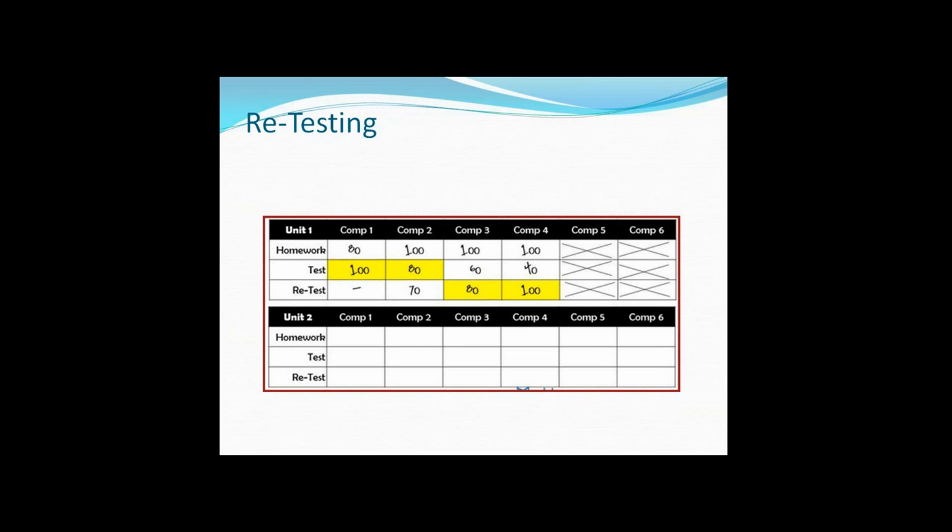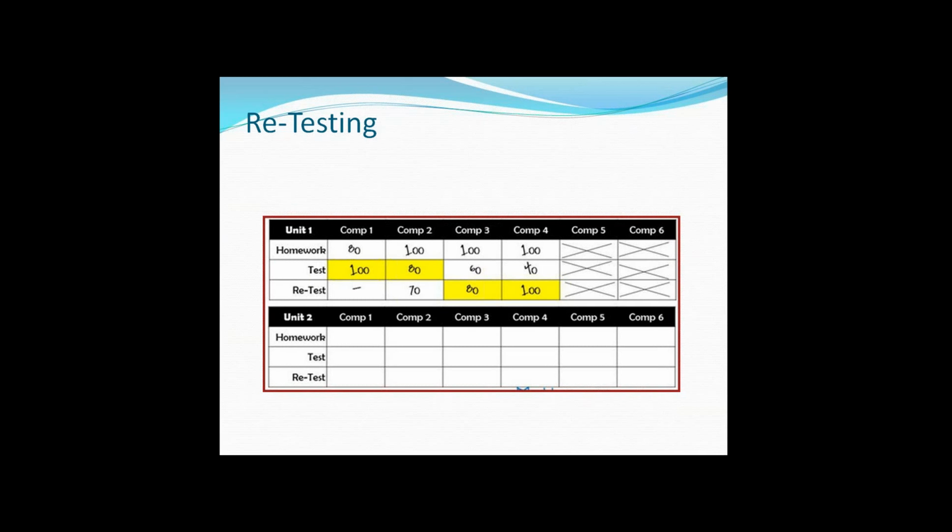In interviews, they definitely ask what is the difference between regression testing and retesting. Regression testing means testing your application when there is a code change, meaning a new build, to see whether anything is affected or not.